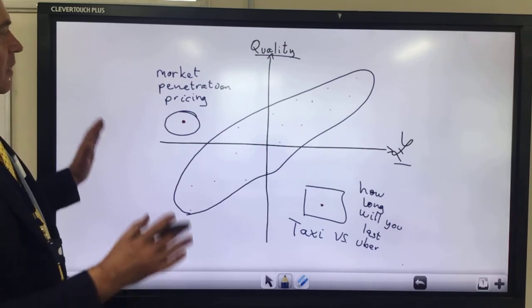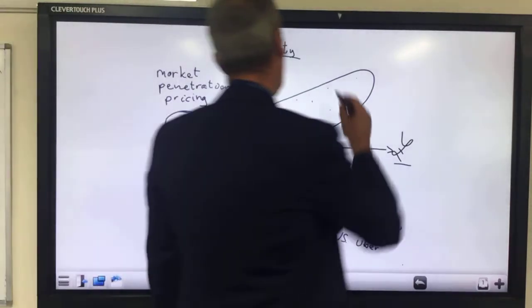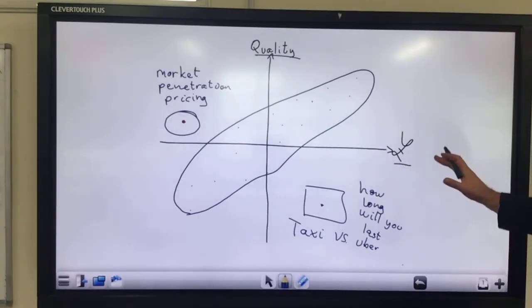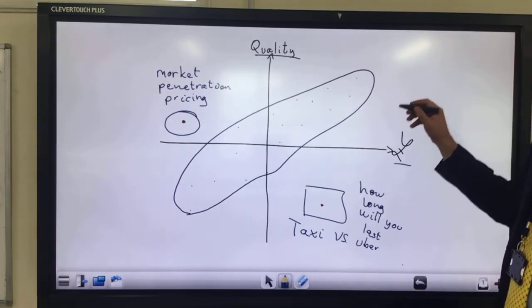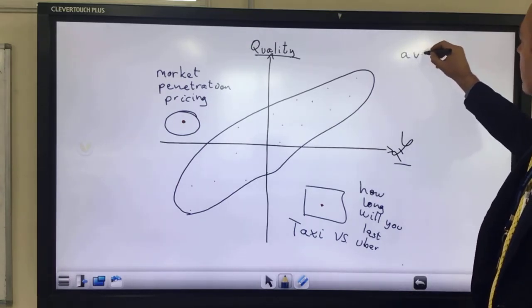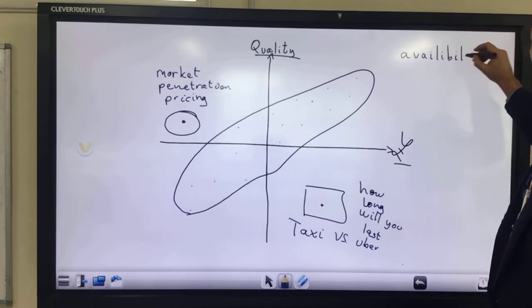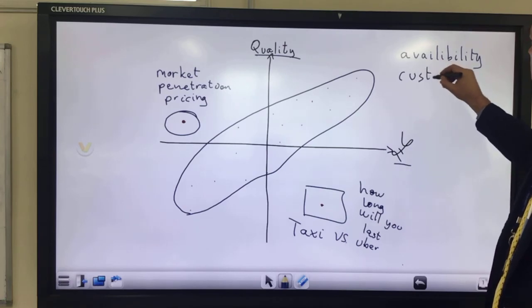So I hope this makes good sense to you, but before we finish, I need to mention that quality and price are not the only two measures that you can map your market. You could also do availability and customer service.